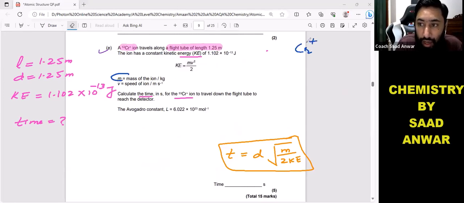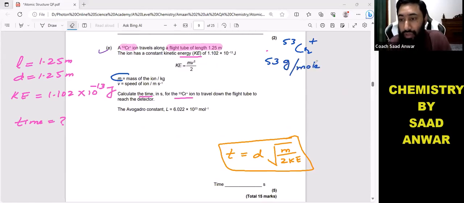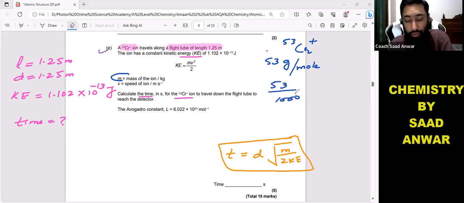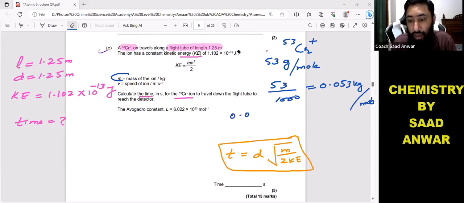For chromium, 53 is the mass, but its unit is gram per mole. I have to convert this into kilogram first, then convert it to one ion. When I divide 53 by 1000, use your calculator, guys, it would be 0.053 kilogram per mole. I have to convert this to per ion.